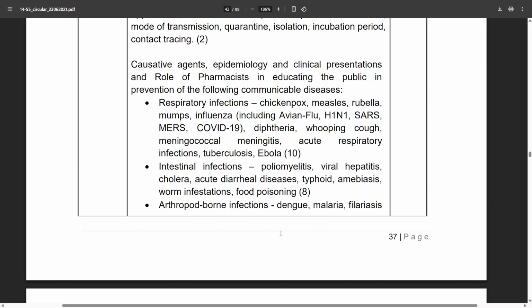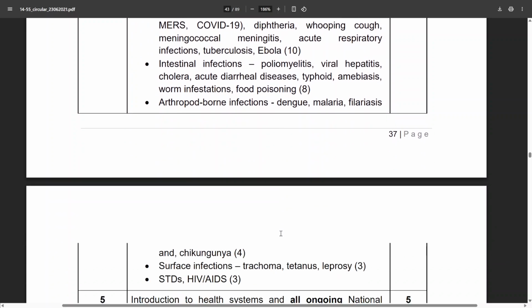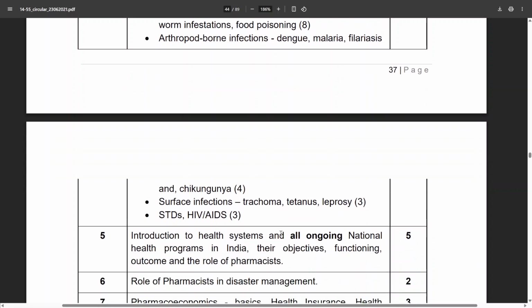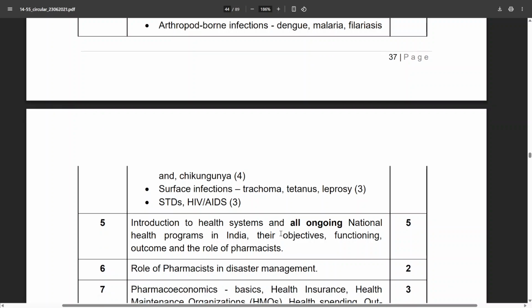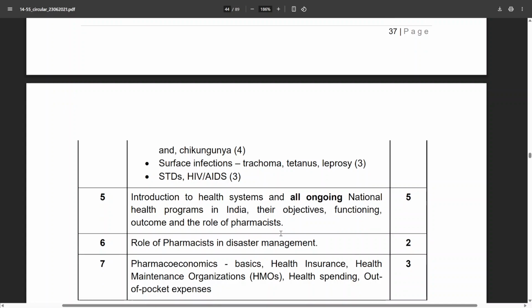Arthropod-borne infections: dengue, malaria, filariasis, and chikungunya. Surface infections, for example trachoma, tetanus, leprosy, STDs, HIV/AIDS.